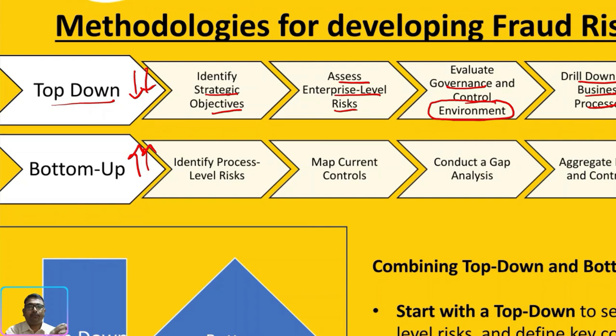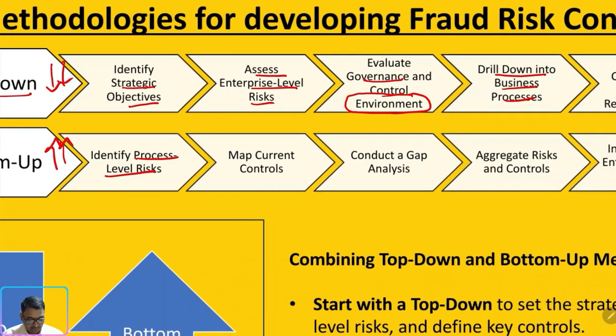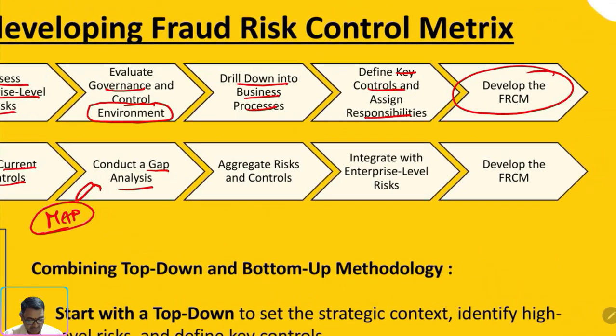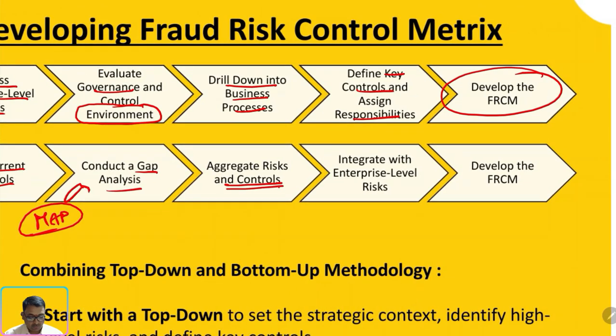This is a top-down approach, meaning we start with the strategic objectives and drill down to the relevant processes. The other approach that can be adopted is the bottoms-up approach, wherein it starts with the underlying process. The first step would be to identify process level risks and then map the controls and do a gap analysis. This is a place where there can be management action plans to address the gap, and then we aggregate or consolidate the risks and controls, and integrate them with enterprise level risks.